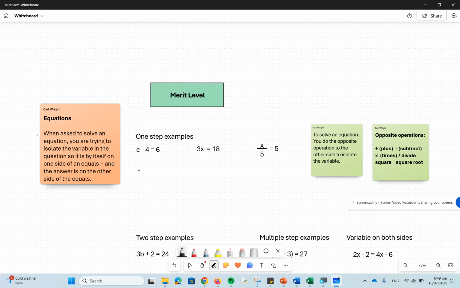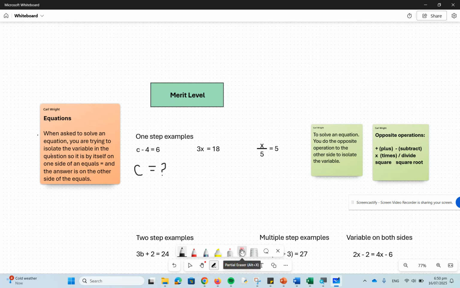We want to solve it so we have an answer where c equals some sort of answer. So we want to find out what c equals. At the moment, c minus 4 equals 6.